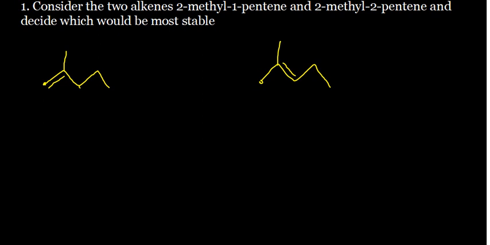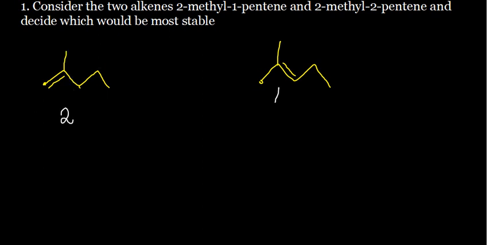So from what we are able to see, which one is going to be more stable? We're going to consider how many alkyl groups are on the double bond. So this is the double bond at this point. We only have this group and this group bonded to the double bond, so we only have two alkyl groups here.